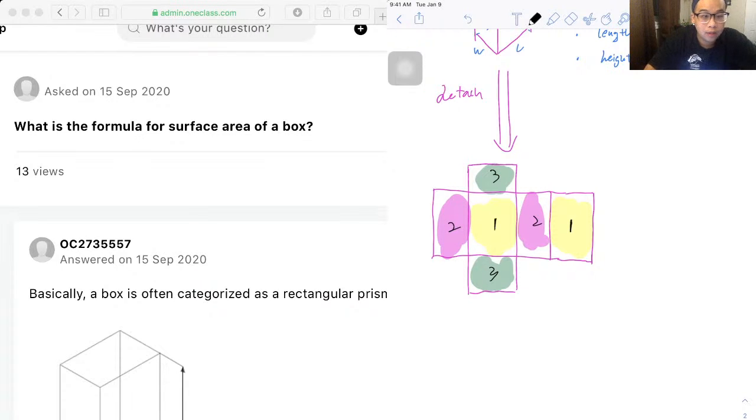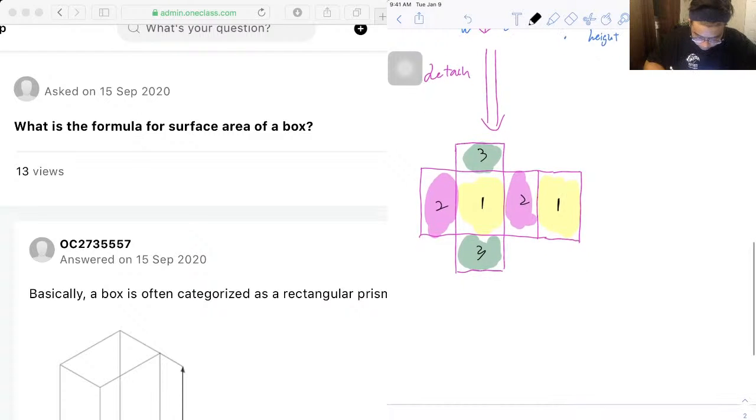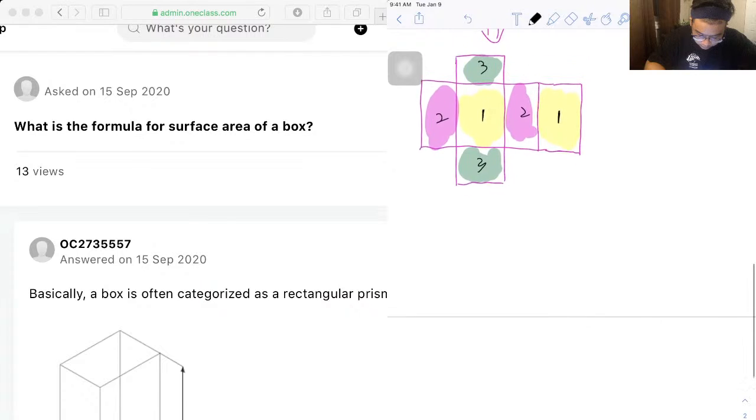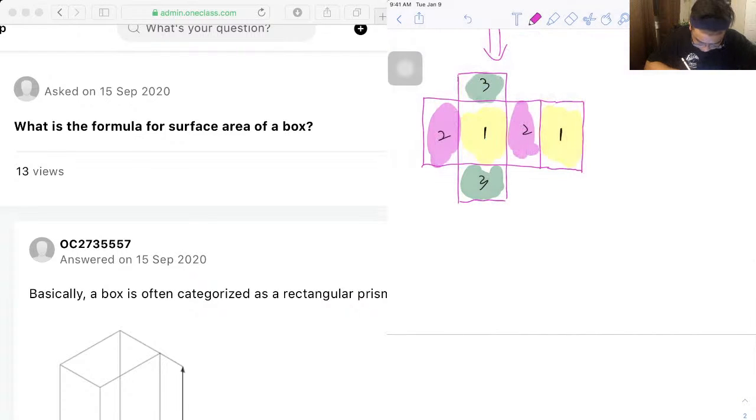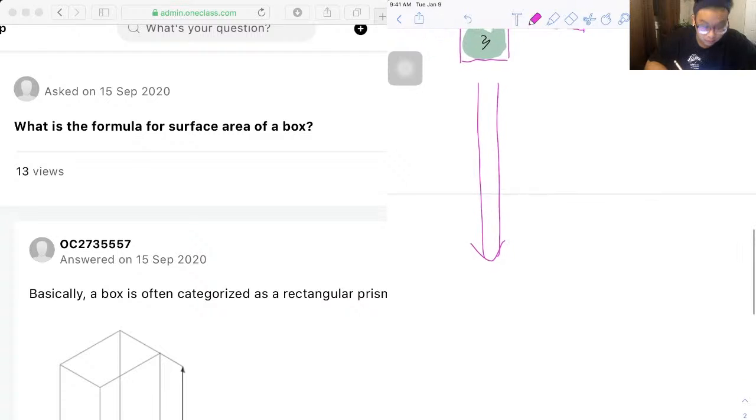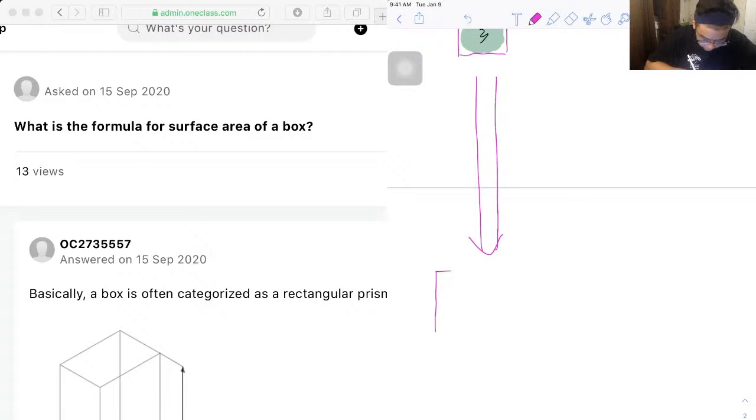All right. So our surface area of a rectangular prism will be the sum of all areas of rectangles 1, 2, and 3. So let's draw the rectangles separately.